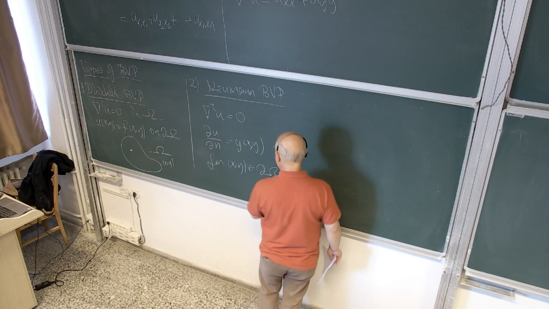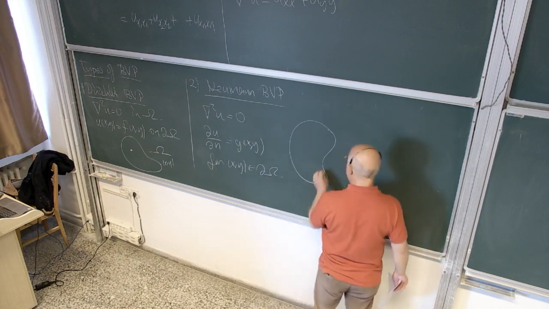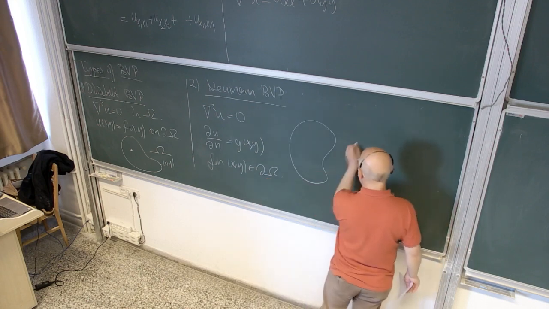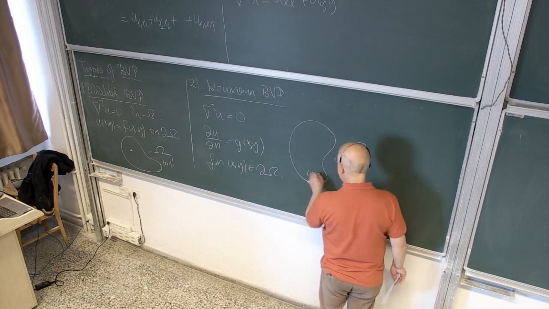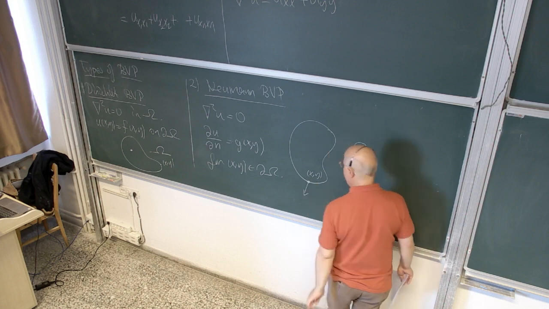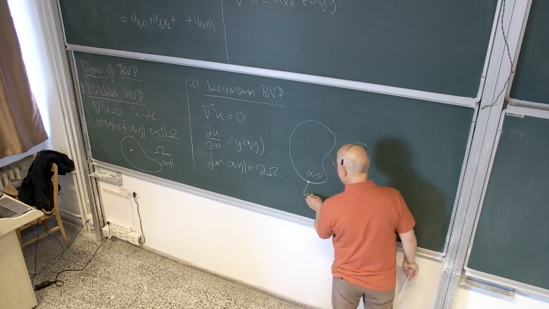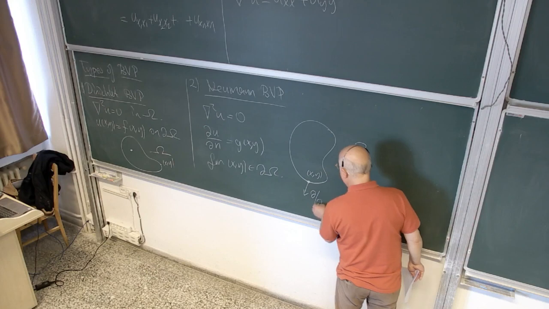Here is our region. At a boundary point xy, I have the so-called normal vector, del n.